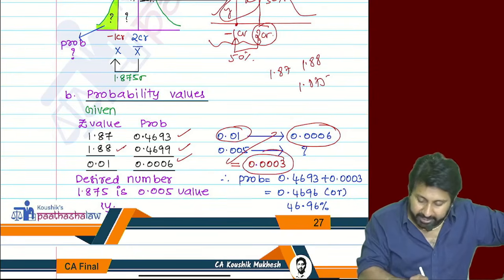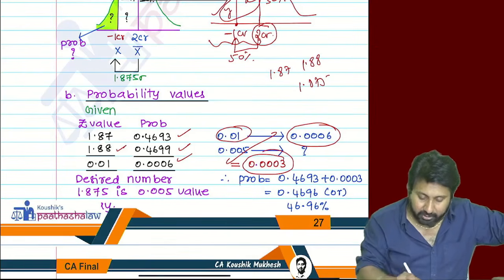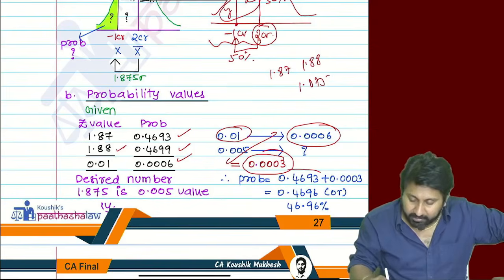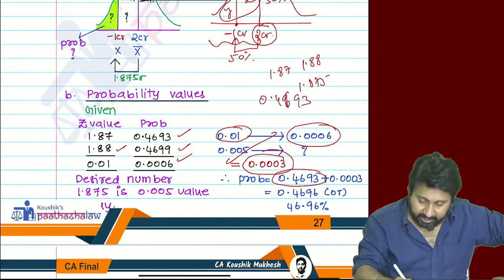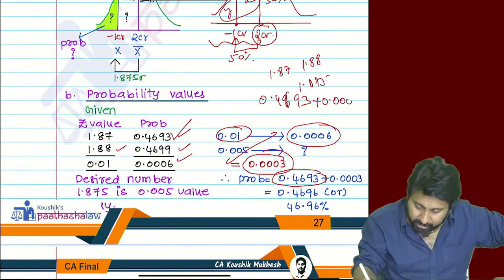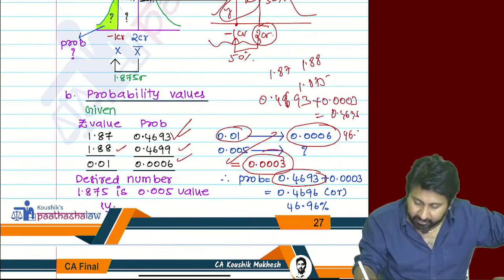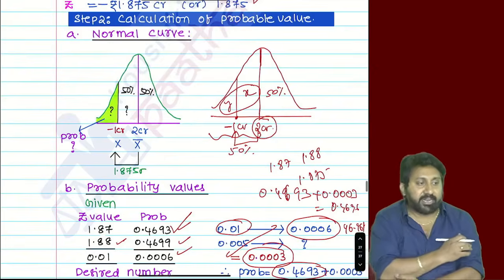So for 1.875 the probability is 0.4693 at 1.87 plus 0.0003. Totally it is 0.4696, or 46.96%.